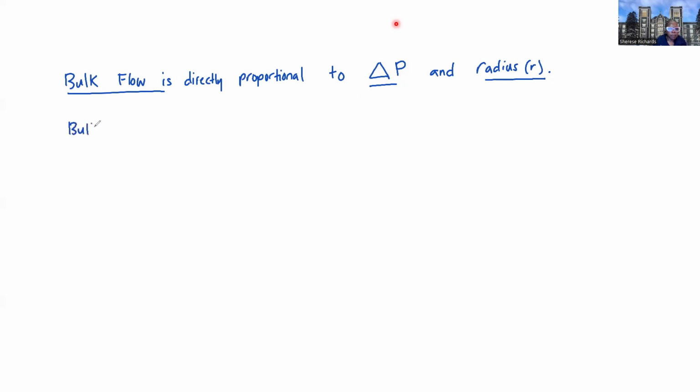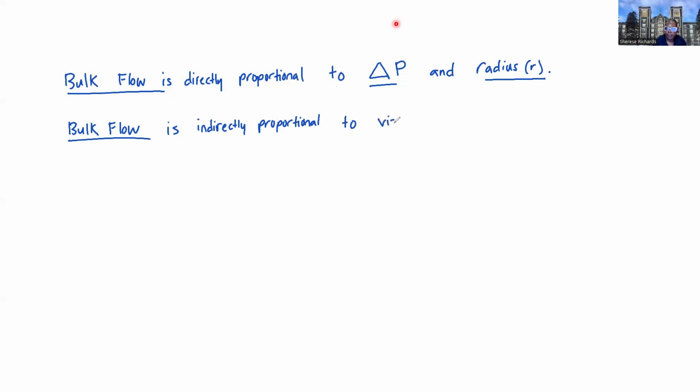Bulk flow is alternatively inversely proportional, or indirectly proportional, to our two other factors that influence resistance, which are length of the vessel and viscosity.